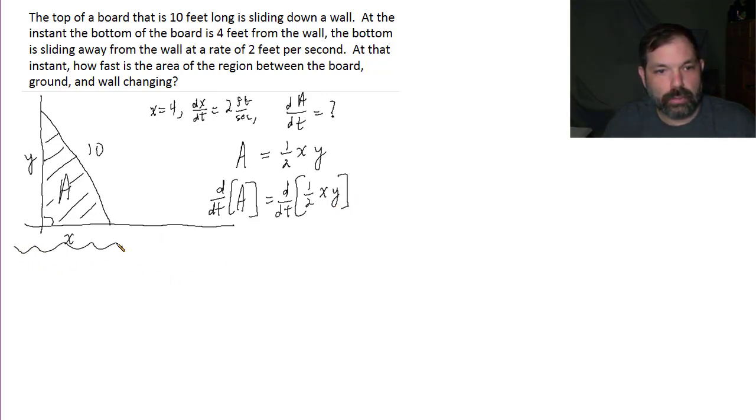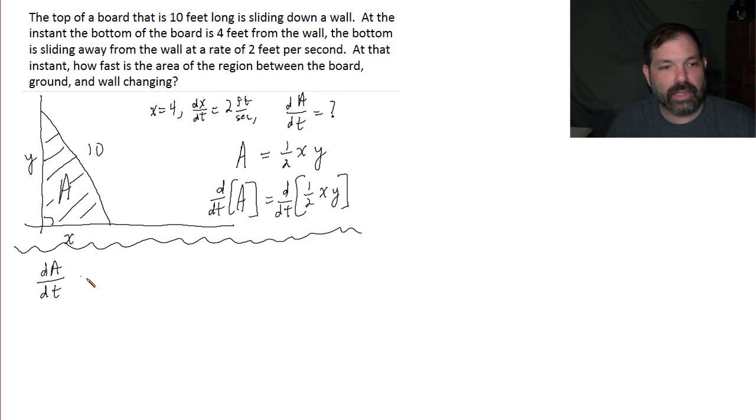So then dA/dt, let's think about this. x is a function of time, right? x is changing with respect to time. y is changing with respect to time. So I'm going to have to use a product rule here.